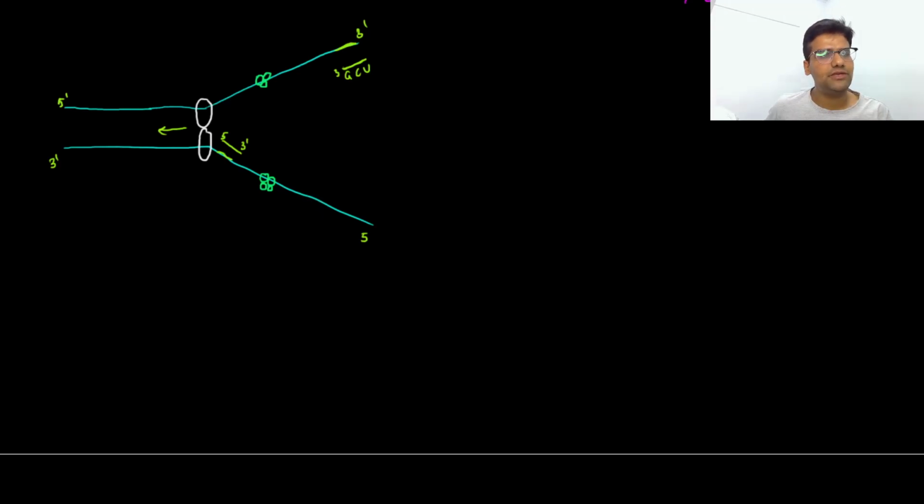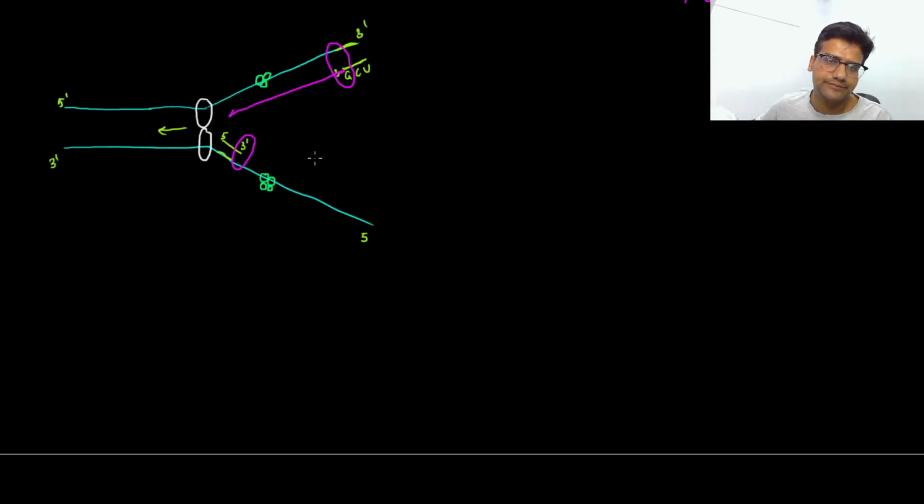Now there is the complete role of DNA polymerase, DNA polymerase 3 basically. DNA polymerase 3 would bind to this 3' end of the DNA, and as soon as it binds to the 3' end, with its very high rate of efficiency, it quickly makes a new strand of DNA.